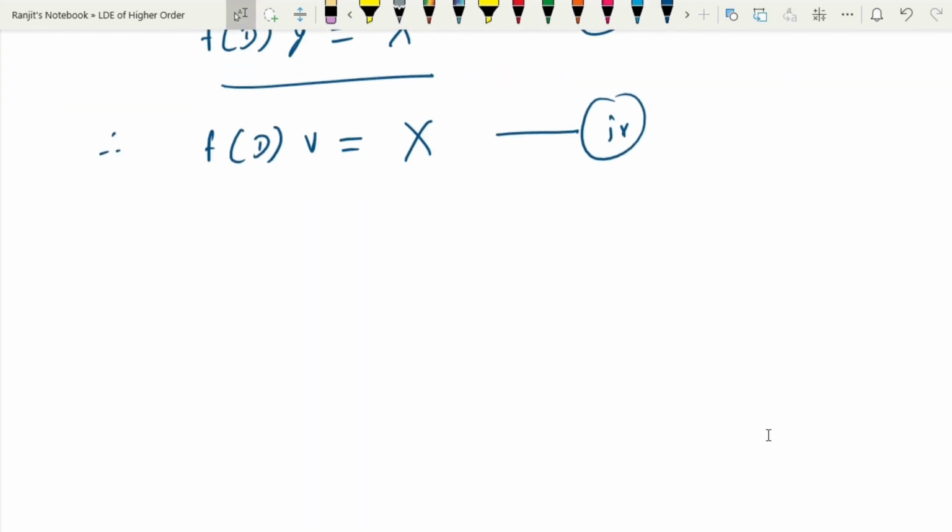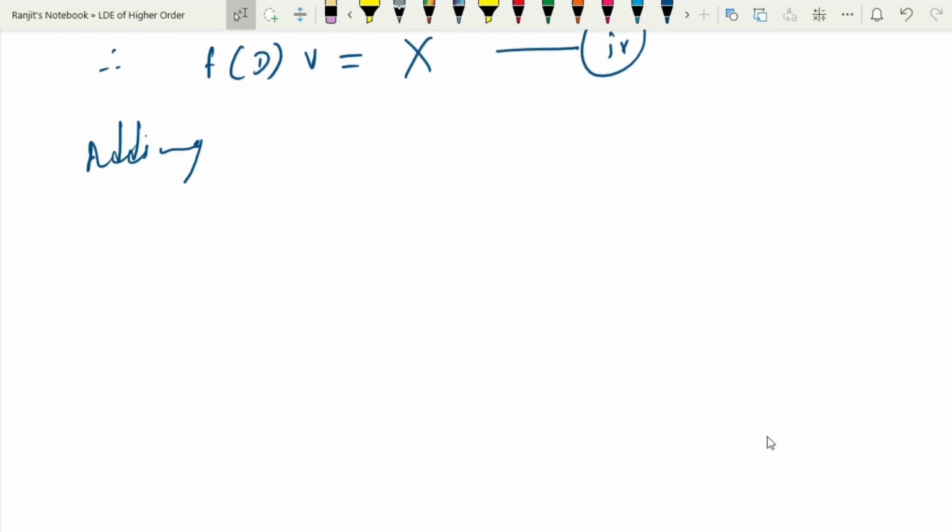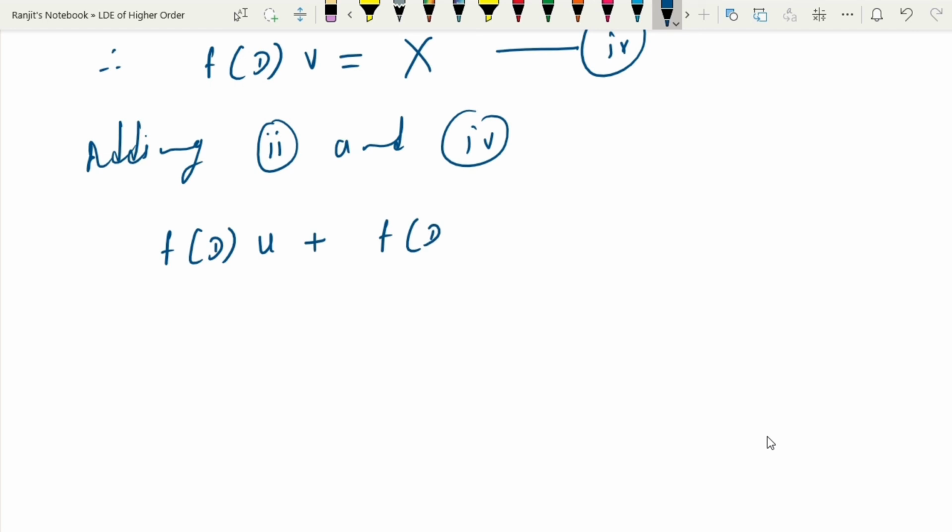Now adding 2 and 4, f(D) u + f(D) v = 0 + X. We write this as f(D)(u + v) = X.